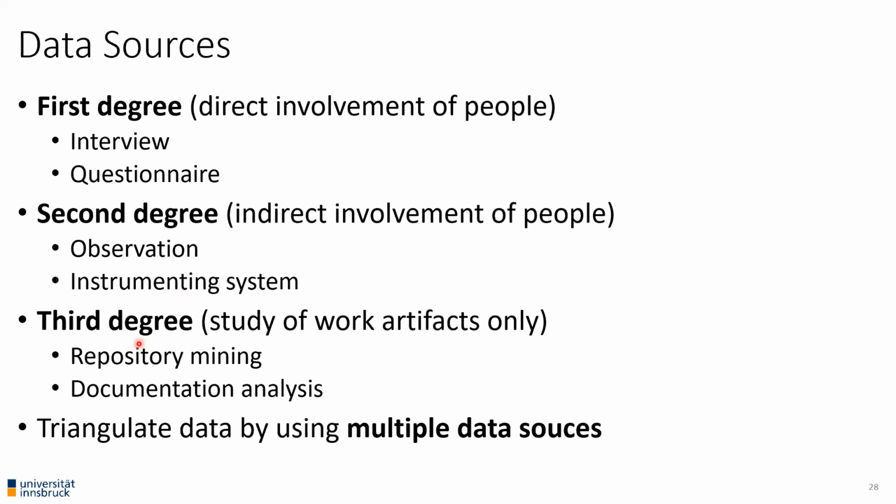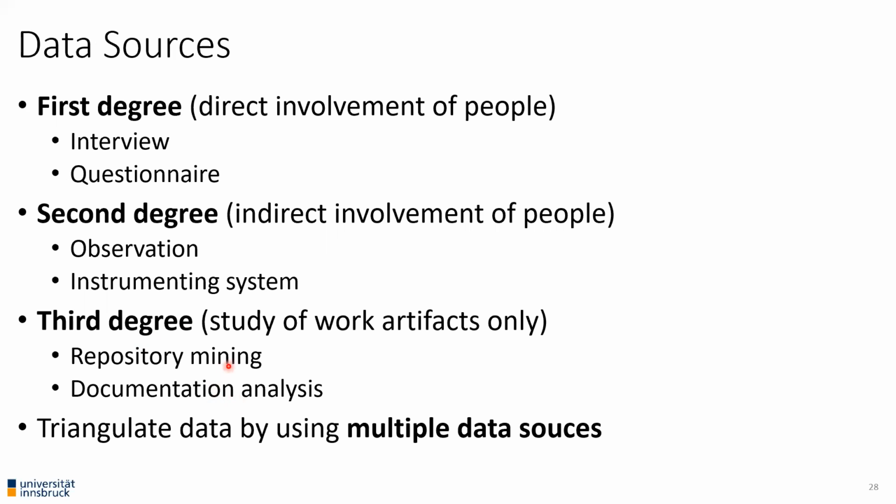And the third degree, this is when you study work artifacts only. So this is where humans are not involved explicitly anymore, but you mine repositories. For instance, you take open source projects or the Git repositories in the company and analyze that, or you analyze documentation. Probably you have meeting protocols and you analyze that data.